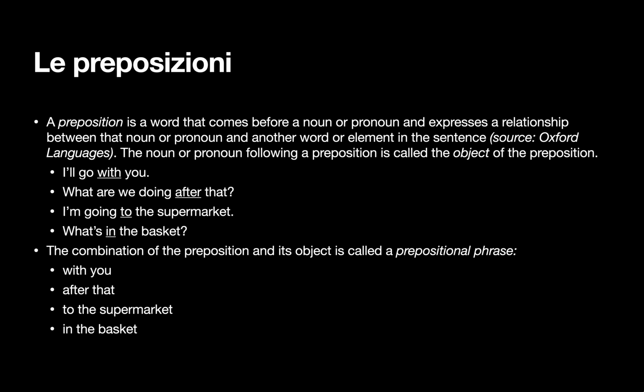"I'm going to the supermarket." In this case, to is the preposition and the supermarket is the object. "What's in the basket?" And in this case, in is the preposition and basket is the object of the preposition.